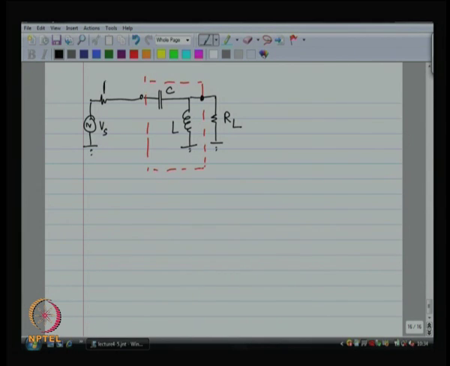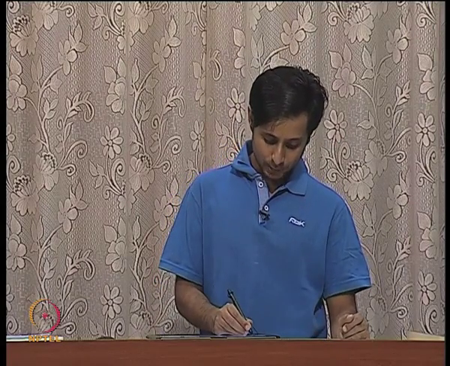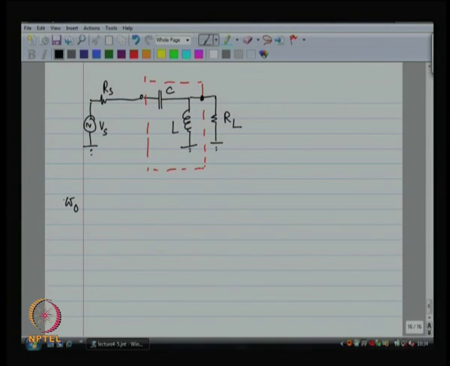Okay. Now, we can transform the inductor in parallel with the resistor to a series combination of an inductor and a resistor at a given frequency. Let us say I choose the frequency omega_0.